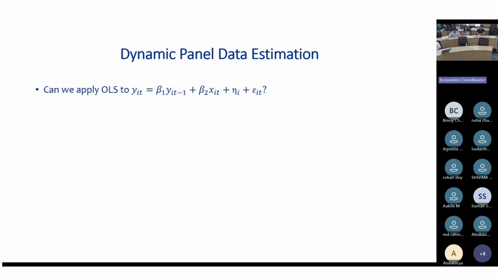What did you do? You took the demeaning, the fixed effects, subtracting y_i bar. Or you take the first difference also. So these are the two methods that we typically use to remove eta_i from the picture. Then you can estimate the model. But when it comes to dynamic models, we have a couple of other problems as well.